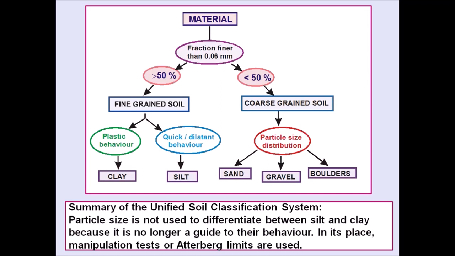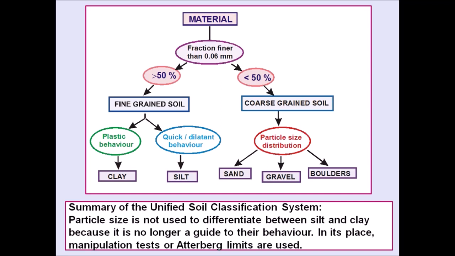It's the behavior of the material, whether it shows the characteristics of a clay or of a silt. As I said, particle size is not used to differentiate between silt and clay because it is no longer a guide to their behavior. In its place, the manipulation tests or Atterberg limits are used.